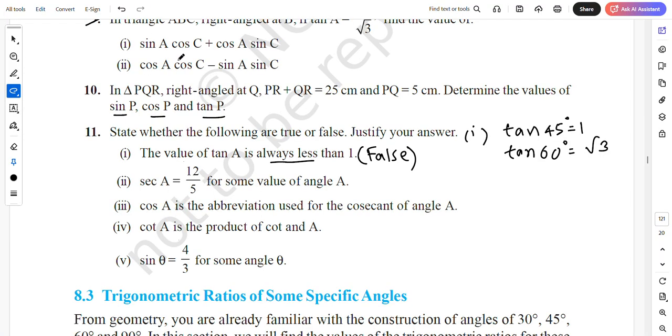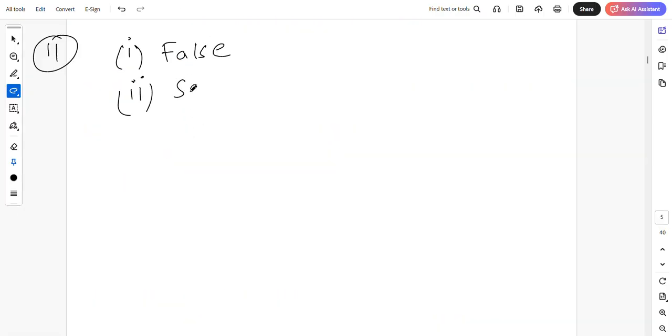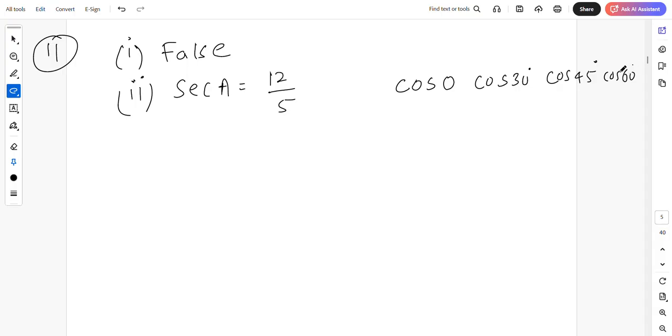Let us check the values of cos: cos of 0 degree is 1, cos 30 degree is root 3 by 2, cos 45 degree is 1 by root 2, cos 60 degree is 1 by 2.